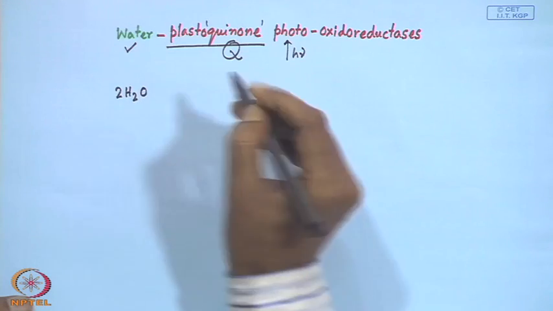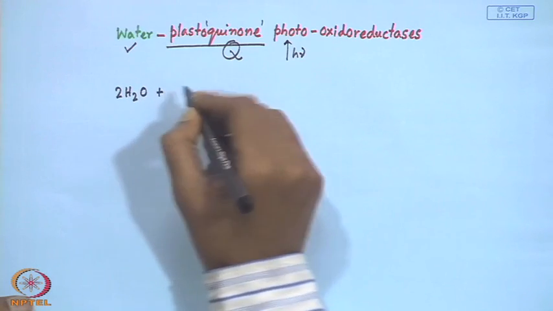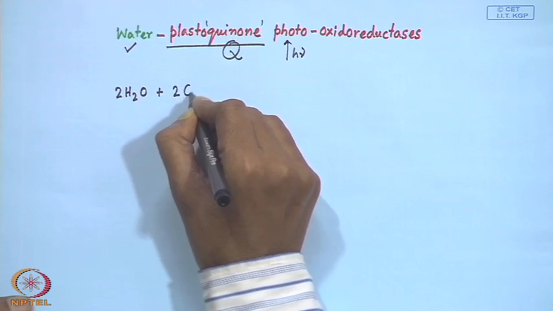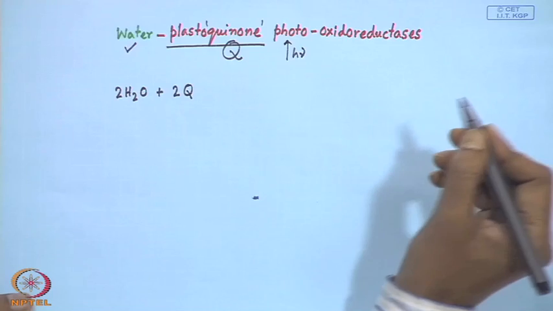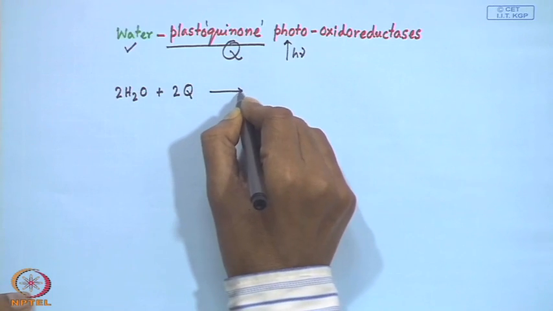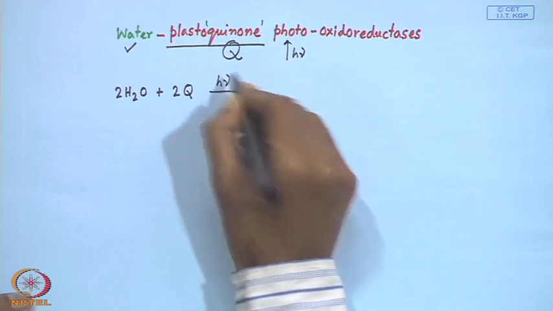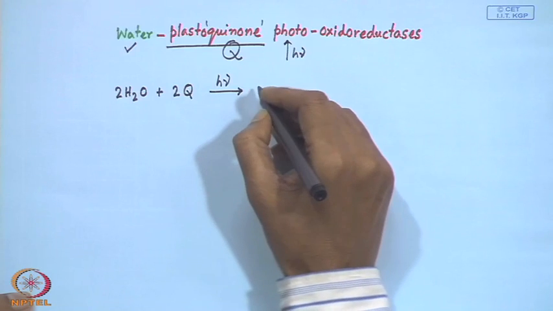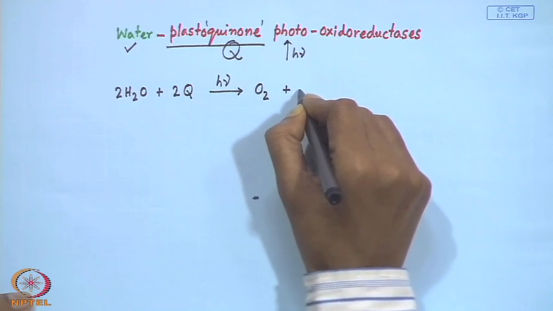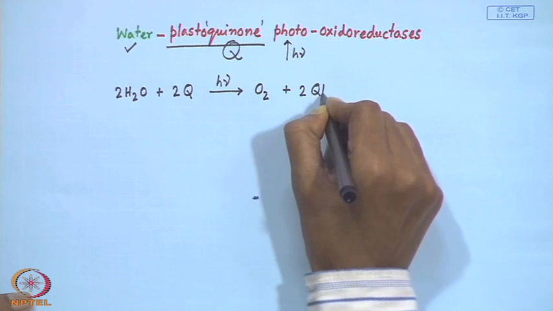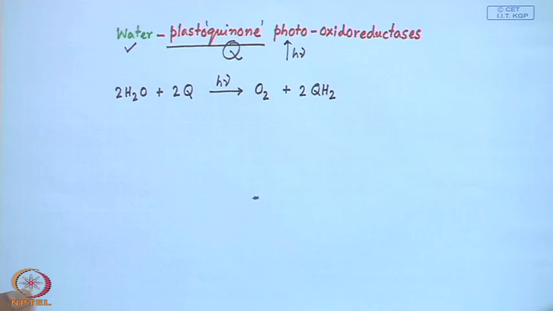From the very beginning of our classes, we have been talking about 2 water molecules and 2 of this quinone form, the plastoquinone in the oxidized form, irradiated, giving O2 plus twice the catechol form of this.